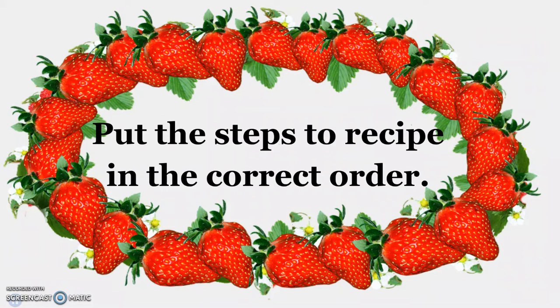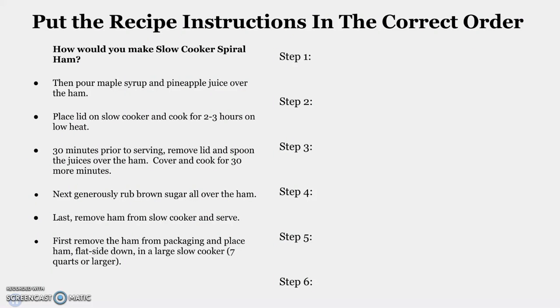After that, the next step I will have them do is know how to properly cook this meal. And what better way to do this than by sequencing the order of what you're going to cook, like how to properly cook a spiral ham.